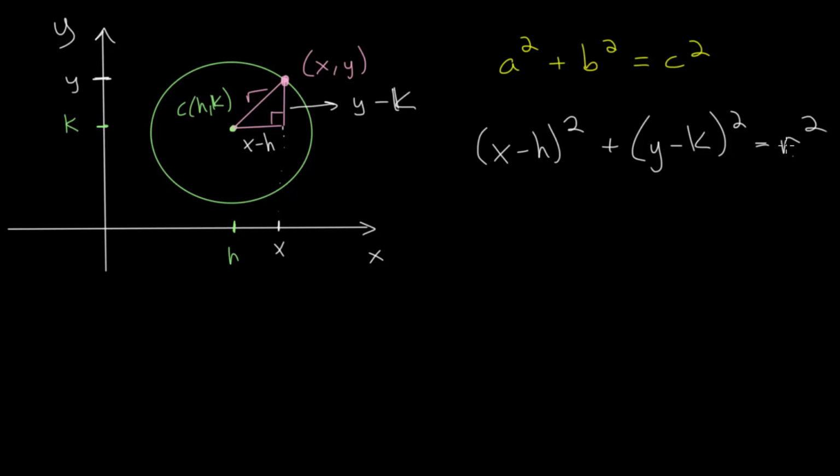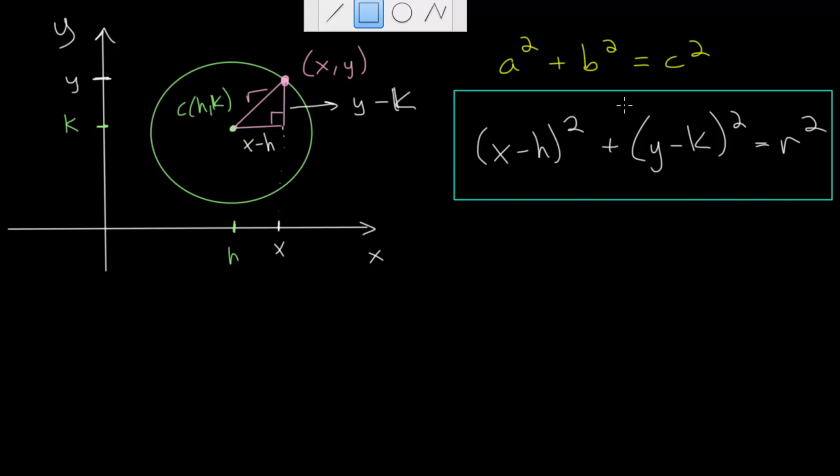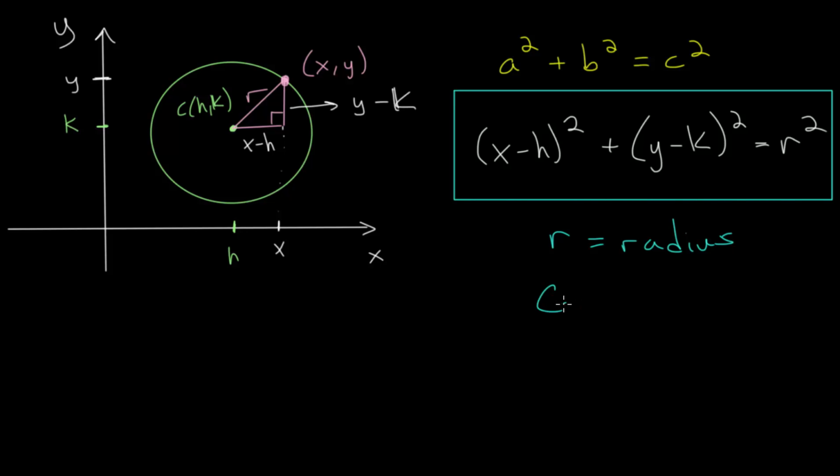So this is equal to r squared. And this equation here is the most general standard equation for a circle, where, again, r is the radius of this circle, and its center is at h comma k.